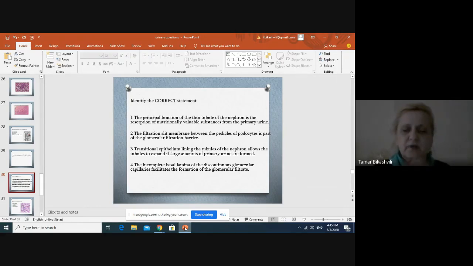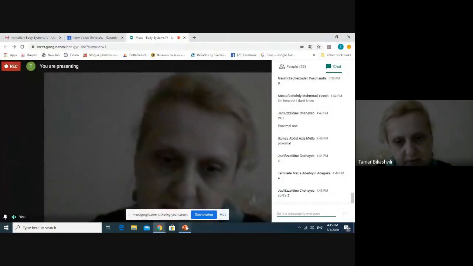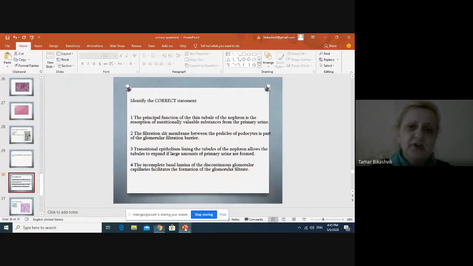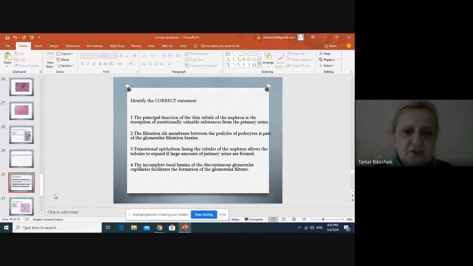It's incorrect, here it is not incomplete, it is a very thick basal lamina. Yes, the second is correct. The filtration slit membrane between the pedicels of podocytes is part of the glomerular filtration barrier, of course.